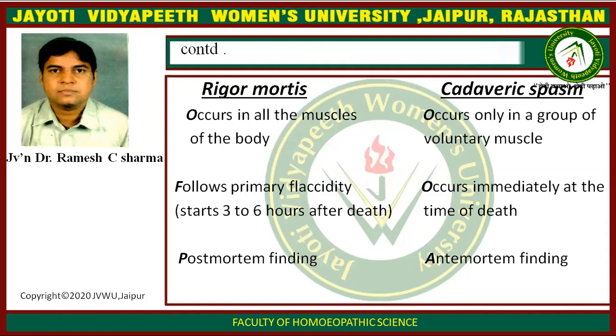Rigor mortis follows primary flaccidity, that is, it starts 3 to 6 hours after death. But the cadaveric spasm occurs immediately at the time of death. Rigor mortis is a finding in the postmortem, but the cadaveric spasm is a finding in antemortem.